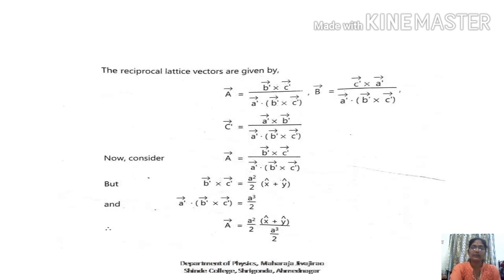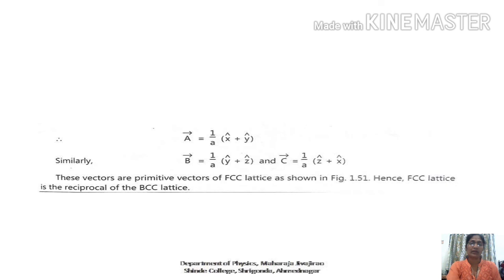Then we know that the reciprocal lattice vectors capital A, capital B, capital C are given as B dash cross C dash upon A dash dot B dash cross C dash. Substituting the values of B cross C and volume, one can obtain the value of A, and A comes out as 1 by a into x cap plus y cap.